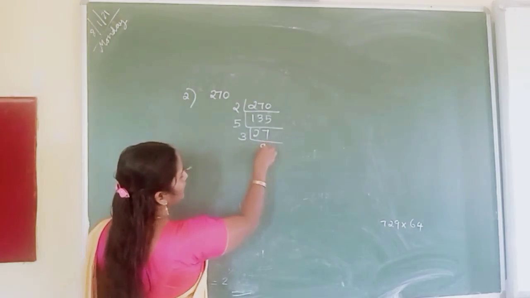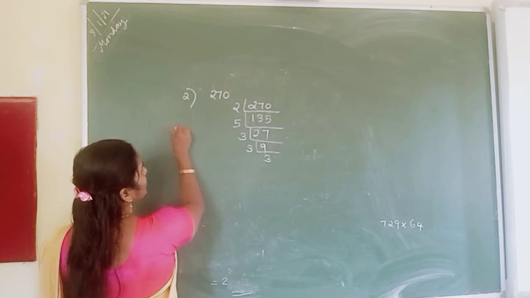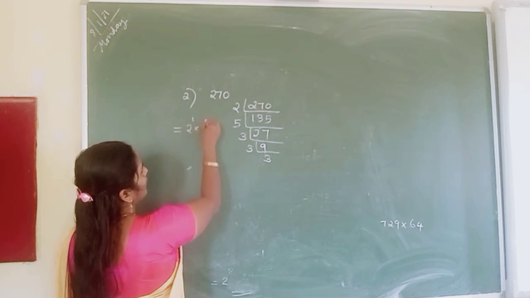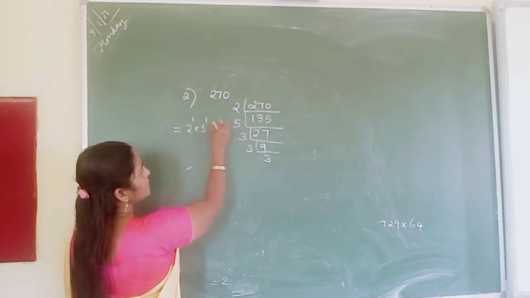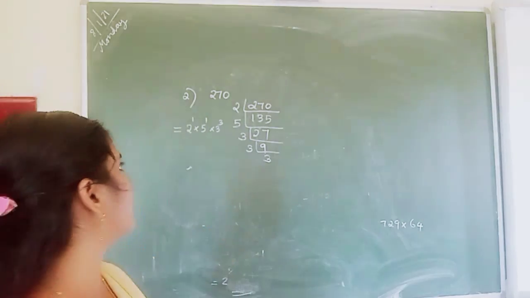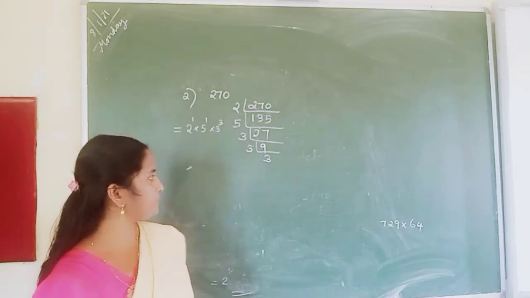Then 3, 9, 3, 3. That is 270 can be written as 2 raised to 1, 5 also appears one time, then 3 appears 3 times. So the answer is 2 raised to 1 into 5 raised to 1 into 3 raised to 3.